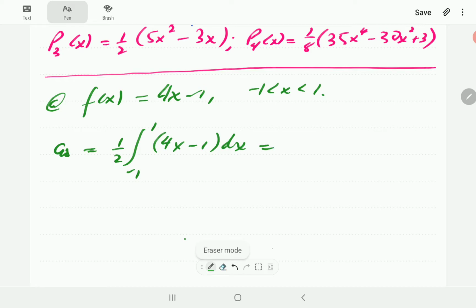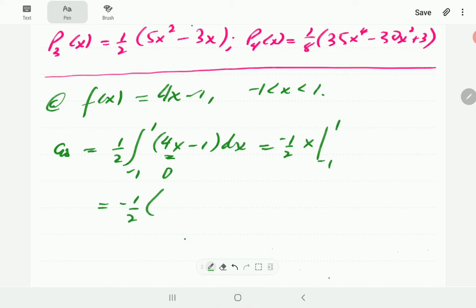Now, since 4x is an odd function, the contribution from this term is going to be 0 straight away. So we're only interested in this term, so its integral is going to be 1/2 negative x from minus 1 to 1.